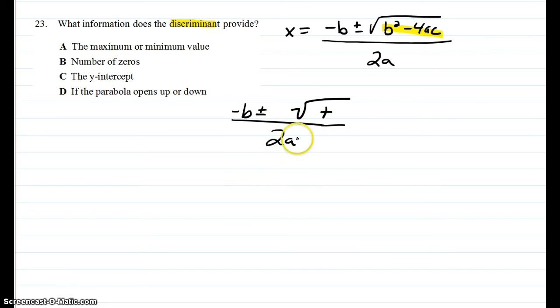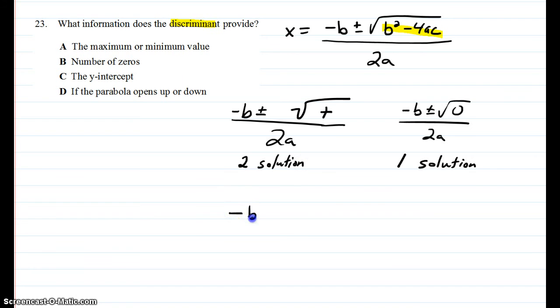If I get 0, then the square root of 0 is just 0, and so it doesn't matter if I add 0 or subtract 0, it's still going to be the same. So I'm going to end up with 1 answer, or 1 solution. Here, when it was positive, I had 2 solutions.